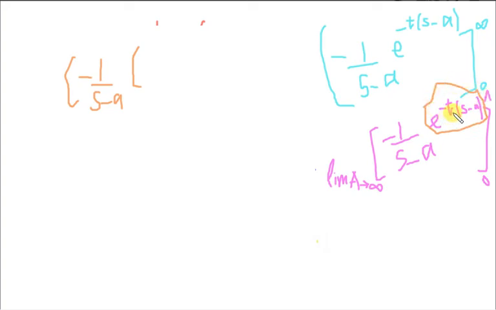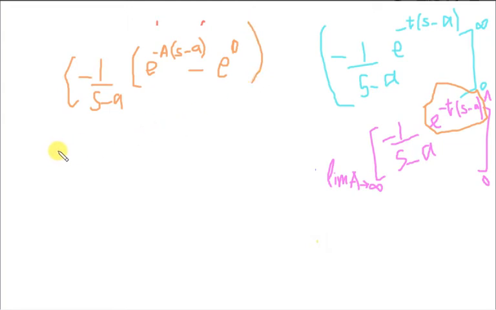In putting the limit, just replace t by a, so it will become e power minus a times s minus a. When we put t is equal to 0, it will become e power 0.